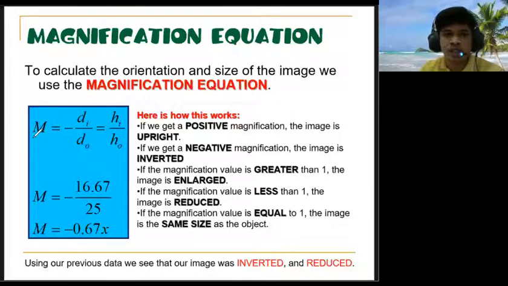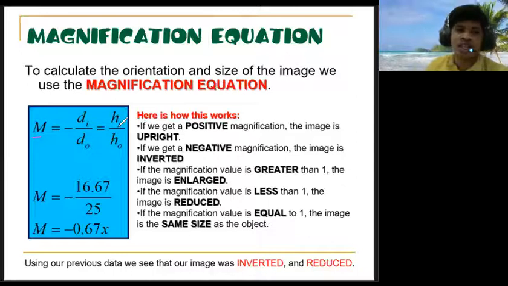Again, m is magnification, di is the distance of the image from the mirror, do is the distance of the object from the mirror, hi is the height of the image or the size of the image, and ho is the height of the object or the size of the object.